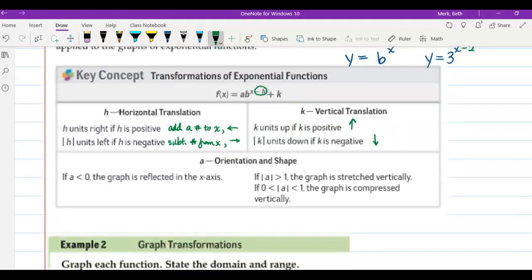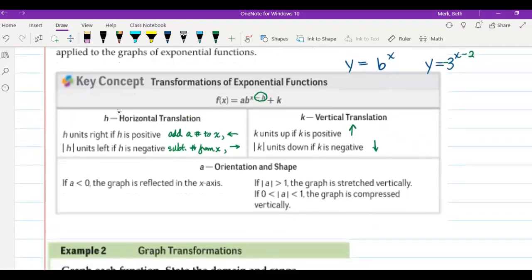Similarly, if we put a minus before the function, it's going to make it reflect over x. There's our parent function. If I were to multiply by a number before it, that's going to make it stretch vertically. Unless this number that I put in here is a fraction, now it's going to have a vertical compression.